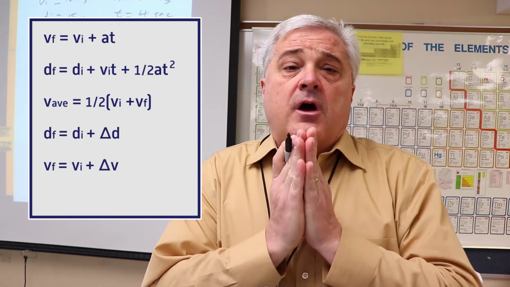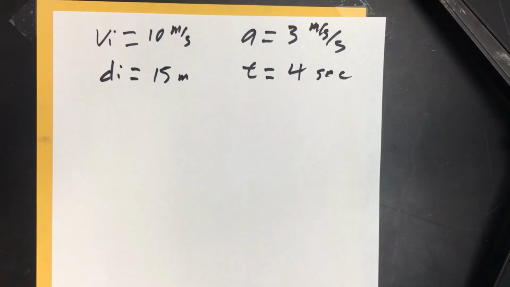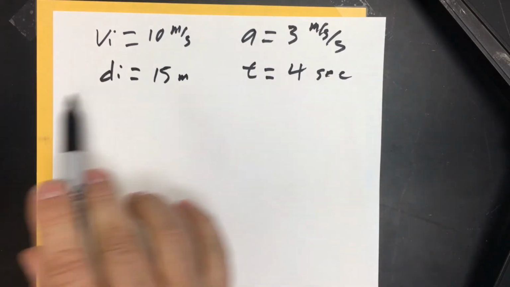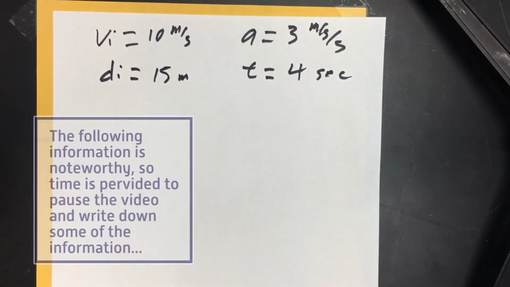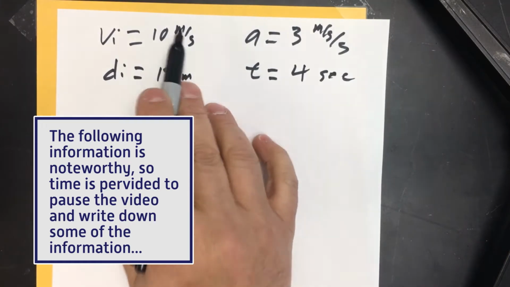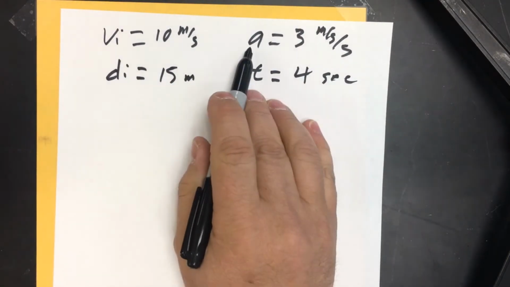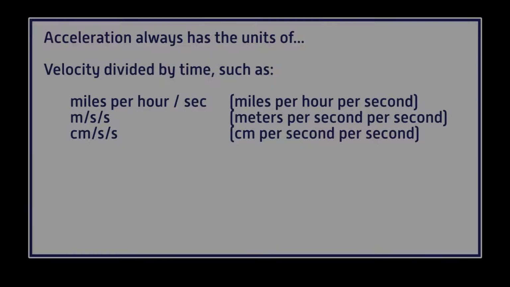This becomes one of the hardest parts for beginning physics students, identifying where all these numbers go. It's possible to look at the units on the numbers given and know where they go. Acceleration is always going to be a velocity over a time.